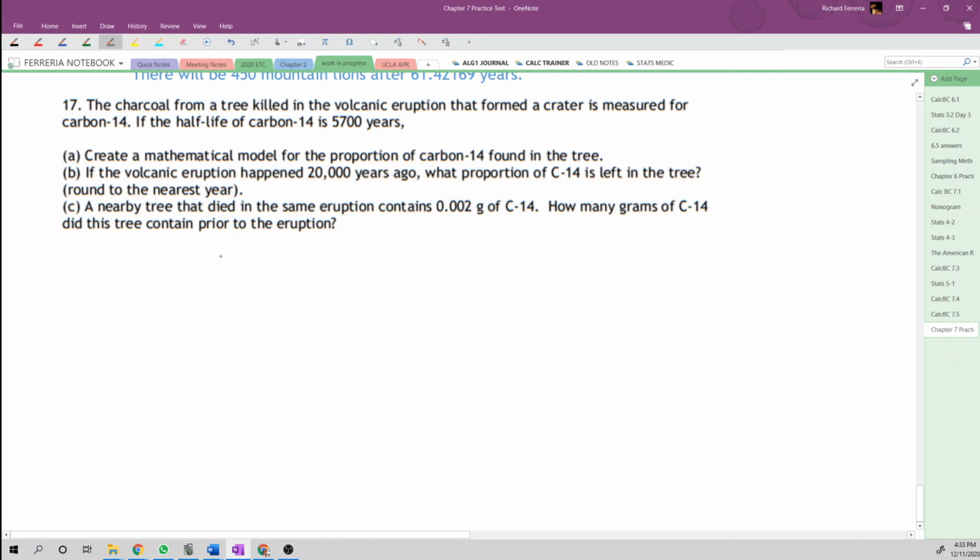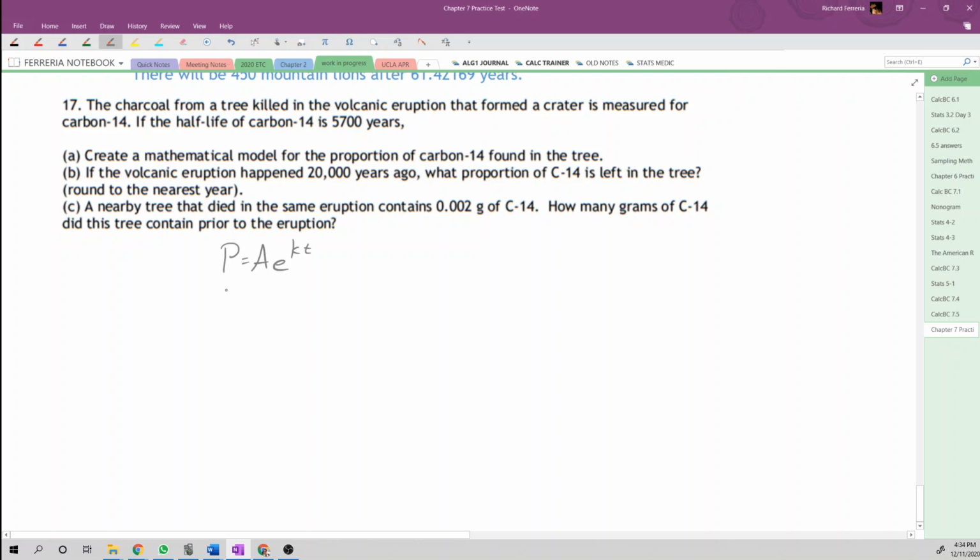Okay, so the exponential model, P, is equal to A e to the kt. Now, since this is decay, I expect the parameter k to be a negative number. So the half-life is 5,700.